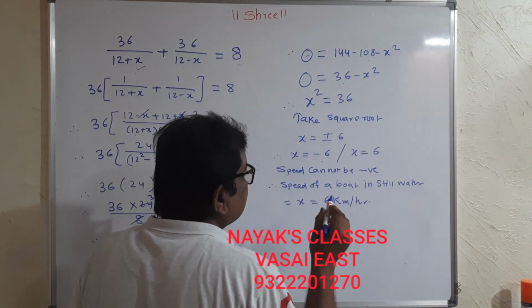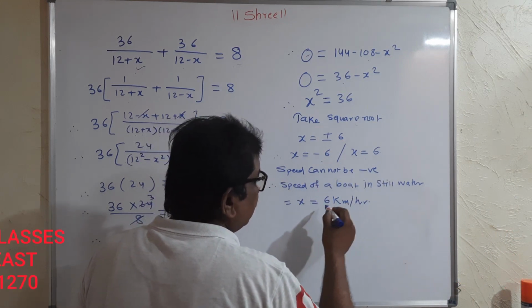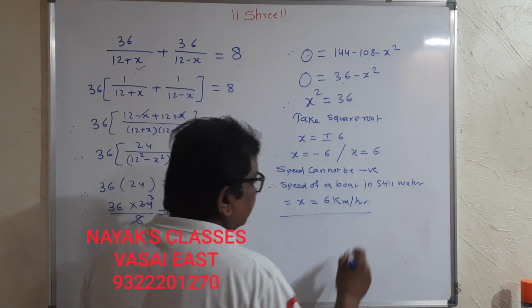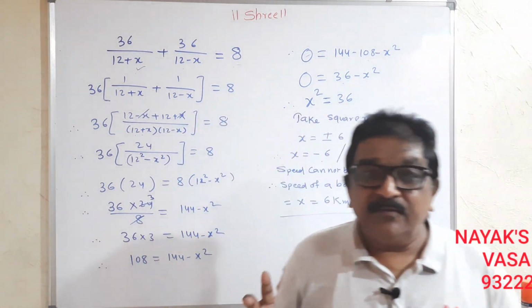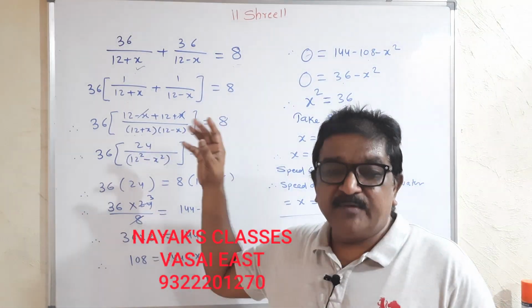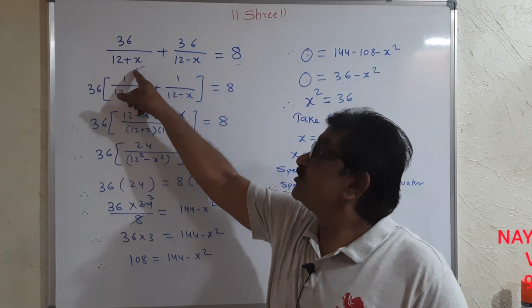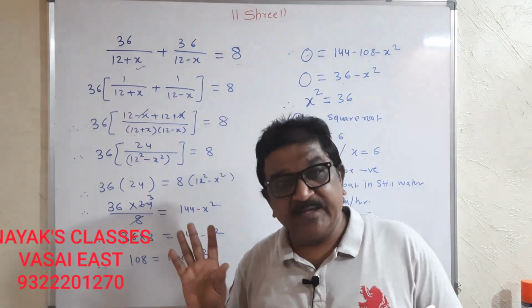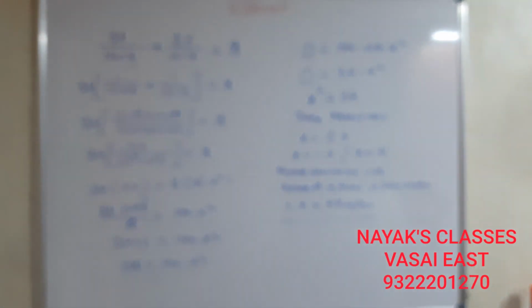So rejecting this, we got x is equal to 6. Therefore, speed of the boat in still water is 6 kilometers per hour. Clear? Formula of physics, distance upon speed is equal to time. We have used here. Clear? Nice.